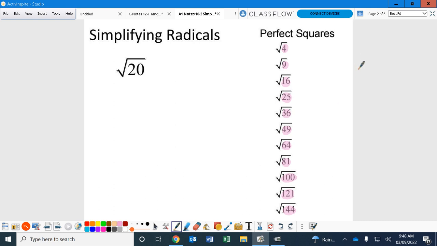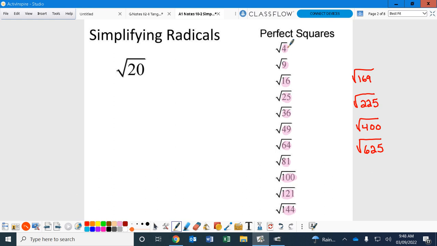Some others that are really important are going to be like square root of 169, square root of 225, square root of 400, square root of 625. These are just ones I know that show up a lot that you're going to need to be able to use, recognize, deal with, because these are the numbers that matter, not what they're equal to. You'll need what they equal to, but these are the numbers that you're looking for when we talk about the process that we're going to go through.